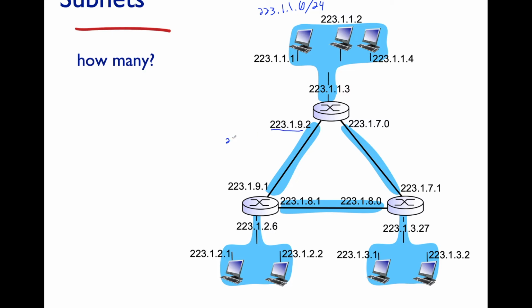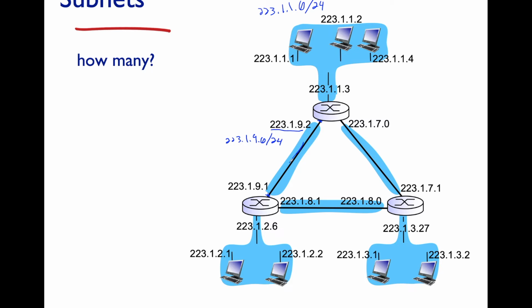So that's 223.1.9.0 subnet mask 24, right? And just because you don't have hosts attached, it doesn't mean you're not a network. All a network is an island of connectivity. So here we have the network interface card for that router, network interface card for that router, and no hosts. Well, it's two network interfaces with the same subnet mask.